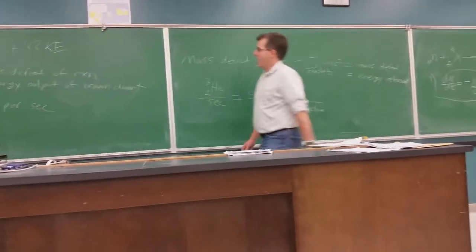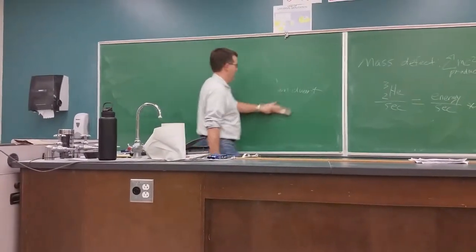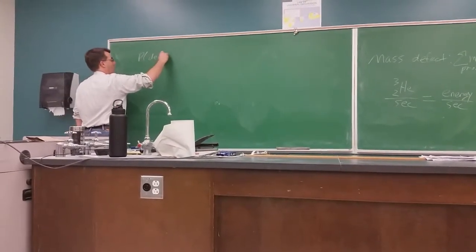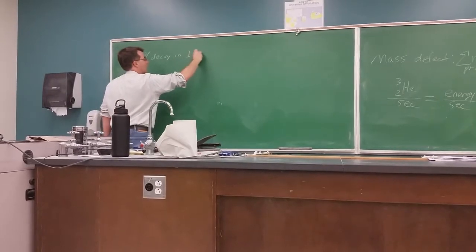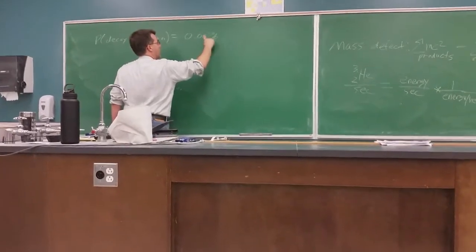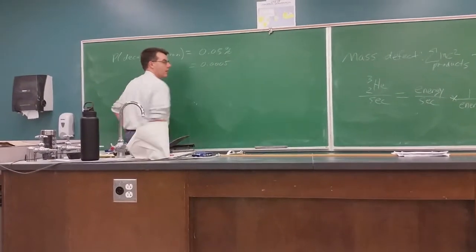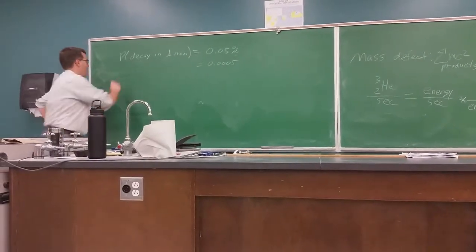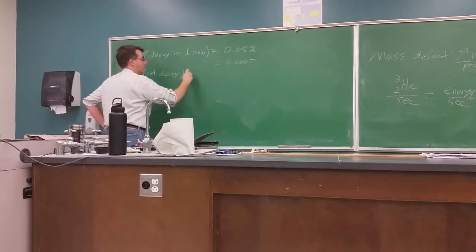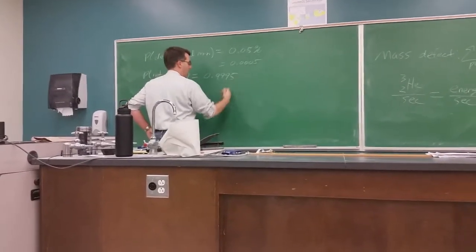So, if I had 0.05%, or 0.0005, that means that the probability that it will not decay is 0.9995, right?